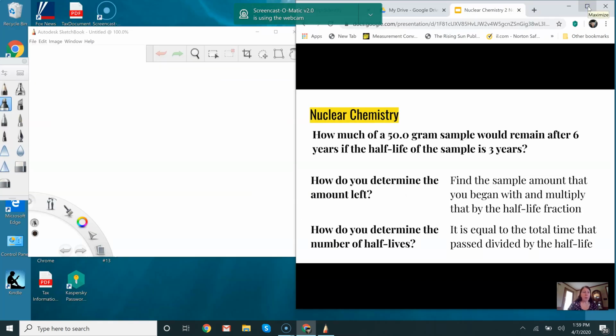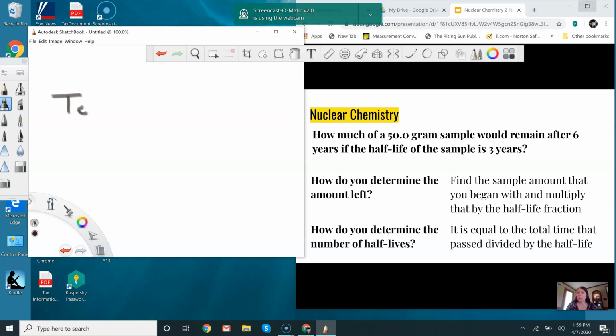So in our example here, our total time is, let me write it, total time, we've got 6 years, and you see that in the problem, it says how much will remain after 6 years. They're saying that's how much time's passed. So at the bottom, we're going to divide by the half-life, and it says in the problem the half-life is 3 years.